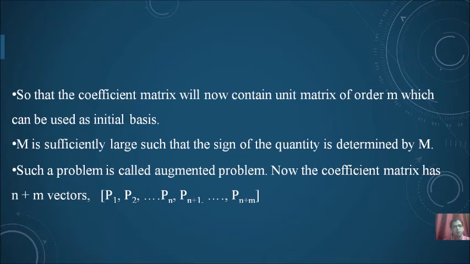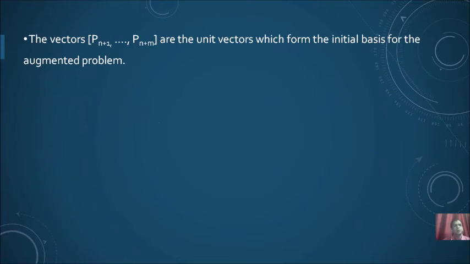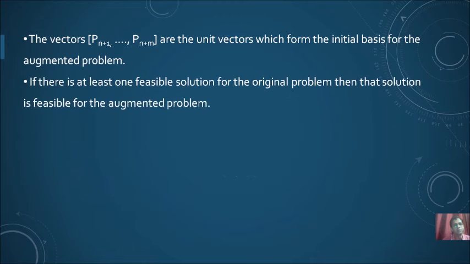Such a problem is called an augmented problem. Now the coefficient matrix has n plus m vectors. Please remember that the original vectors were p1 to pn, and now we have introduced m vectors starting from pn+1 up to pn+m. The variables associated with these vectors are our artificial variables. The vectors pn+1 up to pn+m are the unit vectors which form the initial basis for the augmented problem.